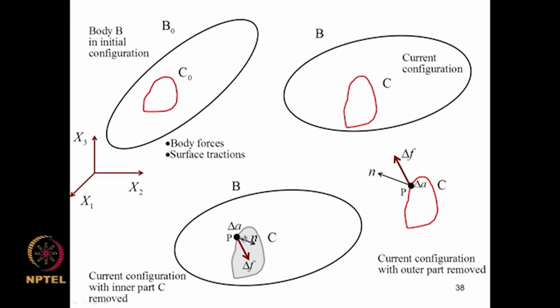At a point P I consider an area element, say delta A, which has an outer unit normal n, and the internal force acting on this delta A produces a force vector, delta F. It need not coincide with n, nor need it be parallel to the surface area.